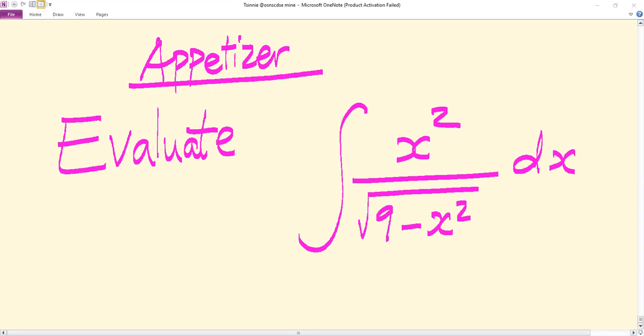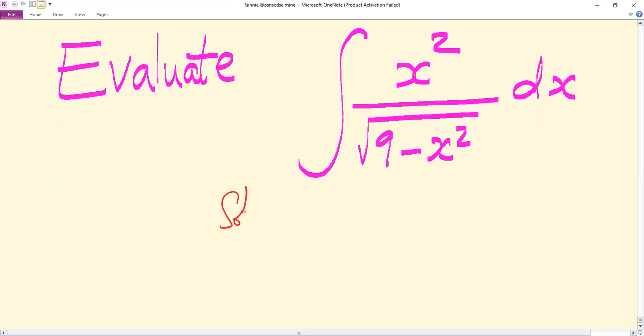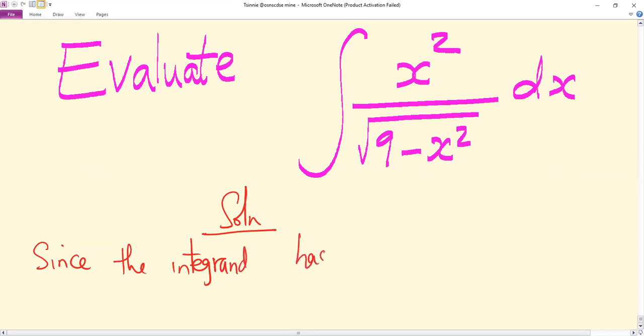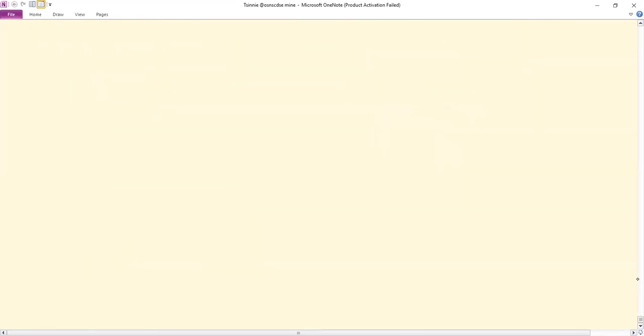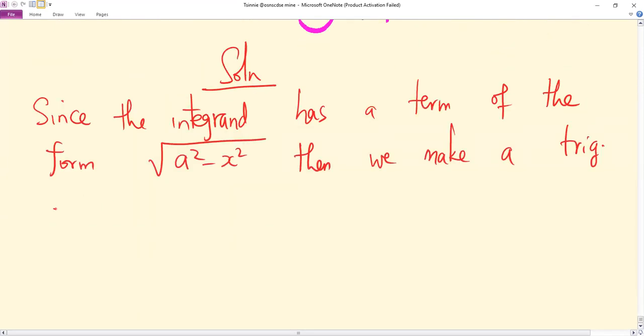So the first thing that we have to observe from this problem, solution: since the integrand has a term of the form square root of a squared minus x squared, then we make a trigonometric substitution of the form x equals a sine of theta.